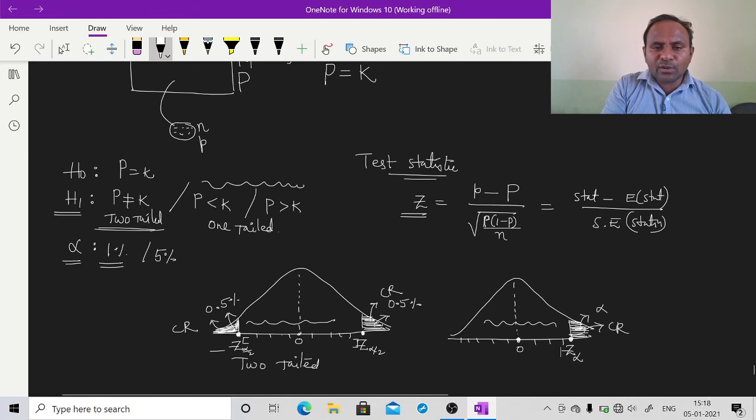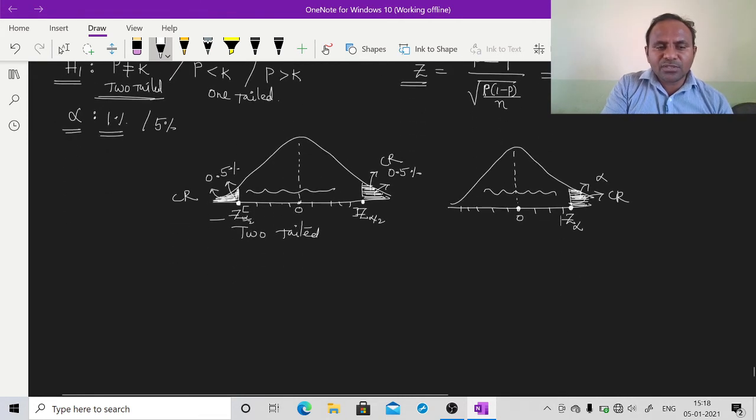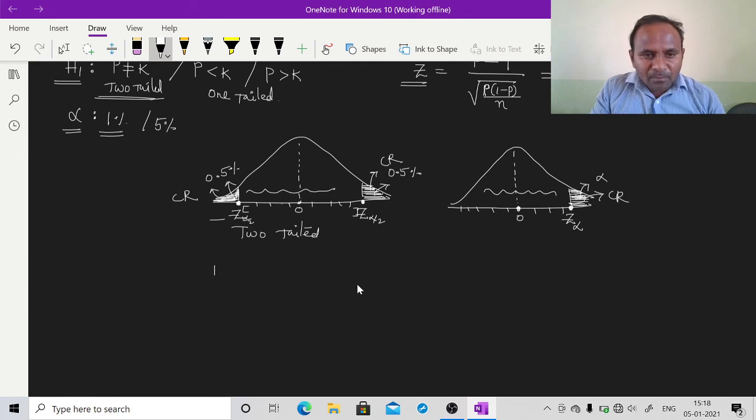So ultimately, you are writing the critical region, once your alternative hypothesis is of not equal to type, as mod z is greater than z alpha by 2. This z alpha by 2 will come from the statistical table, and you are calculating this z using this formula.